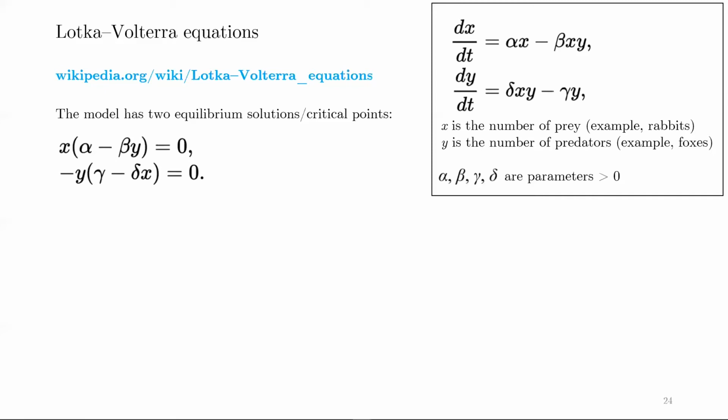Okay, clearly there's going to be one critical point at x equals 0, y equals 0, right? That's an obvious one because this whole equation is multiplied by x and this whole equation is multiplied by y, so there's obviously going to be one critical point at the origin.